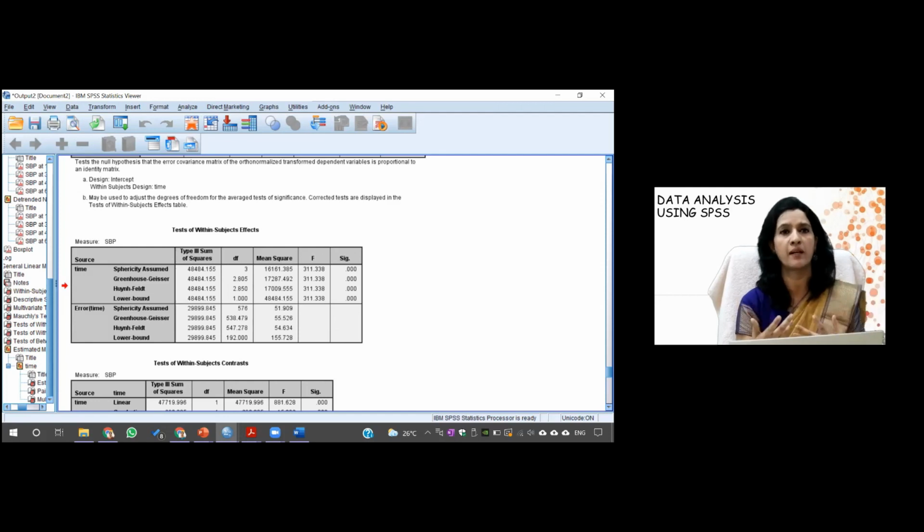Like if you take my weight, and I'm not exercising, neither am I eating extra, then if you take my weight for 5 years, every year at a fixed point of time, it will not show any change. In that case, the sphericity will be assumed because you will not find any variance or deviations. So that's the concept.